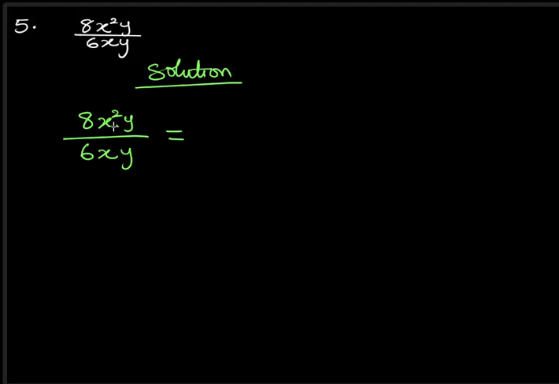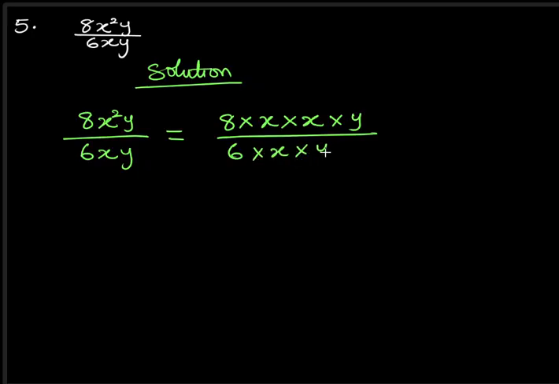Now we expand this. Remember what our x squared stands for? This will give us 8 times x times x, and then times y, all over 6 times x times y.